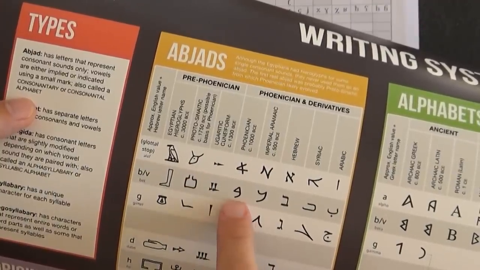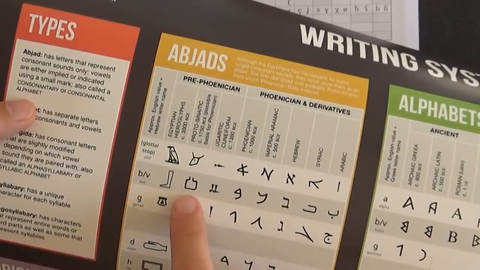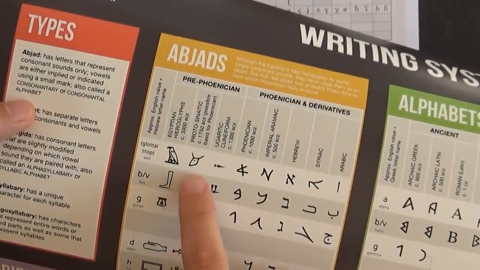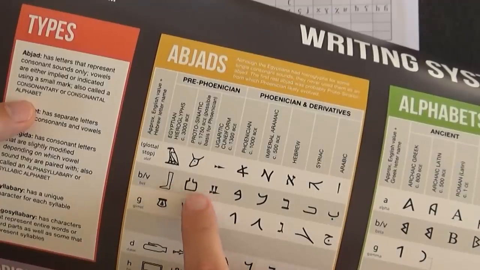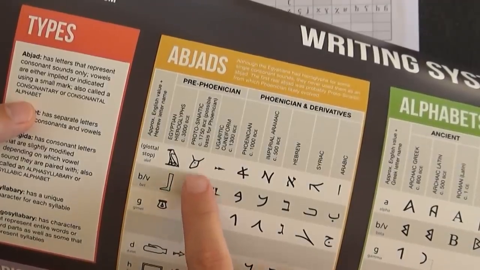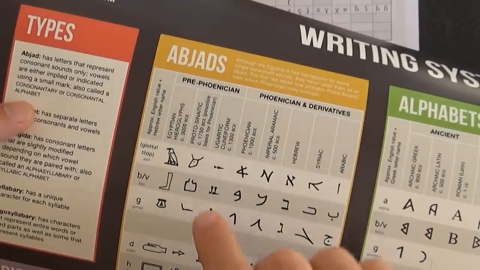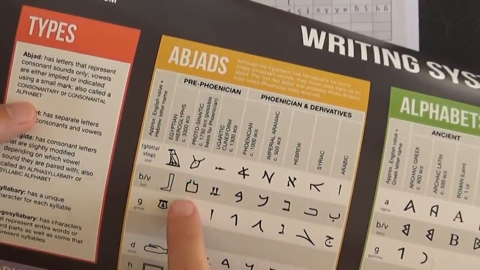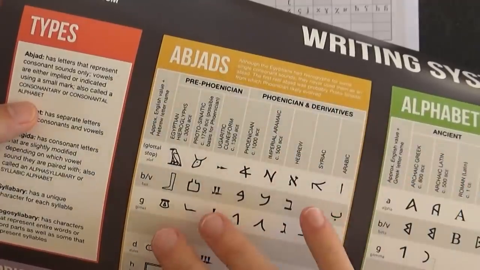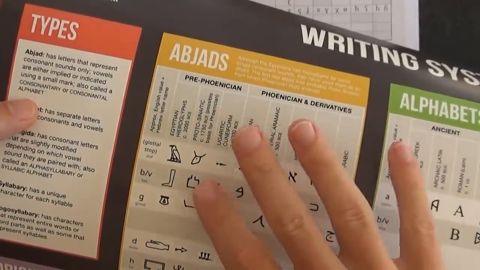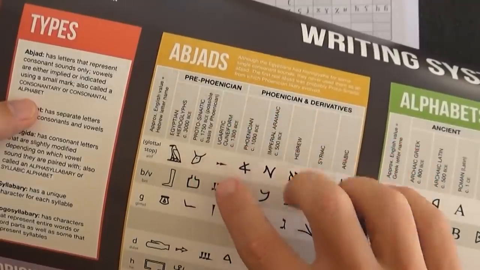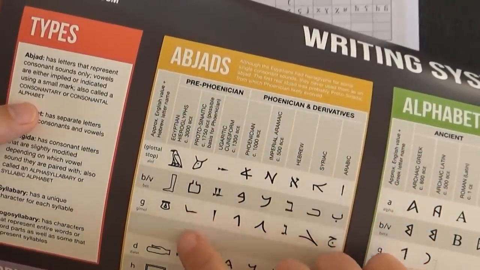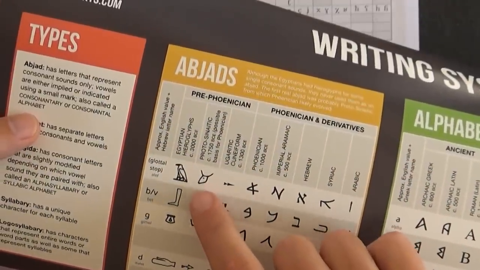B was probably, this could be a house or a home or a tent seen from above, like a floor plan. Here's the door opening. Could be. I guess you have to guess a lot when it's these really old characters.